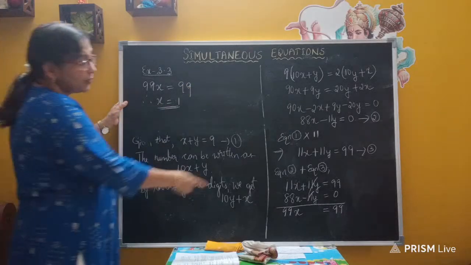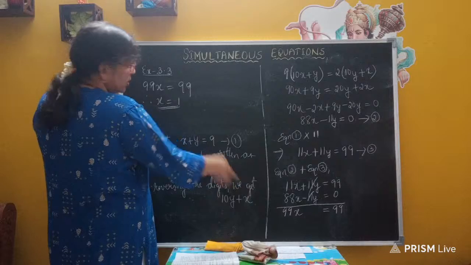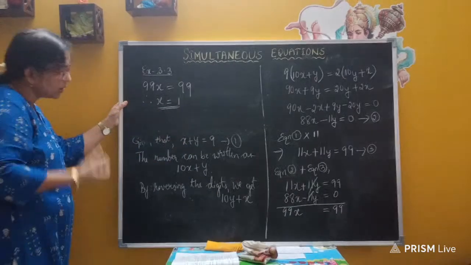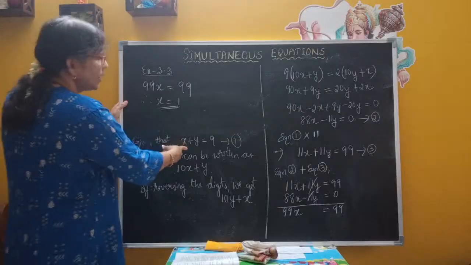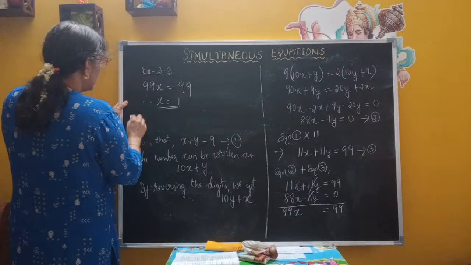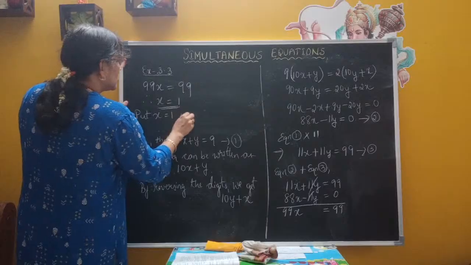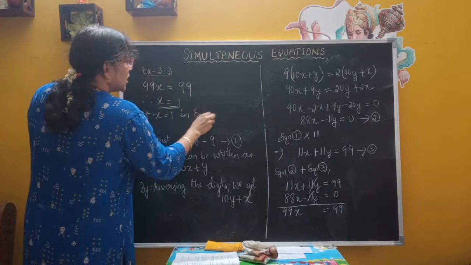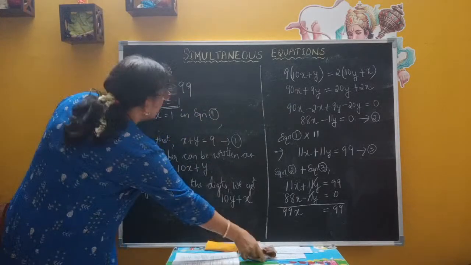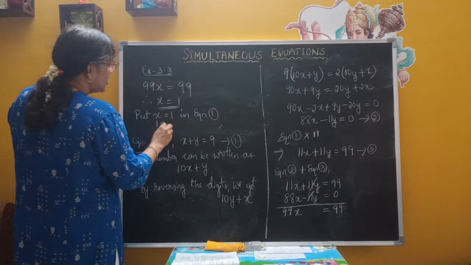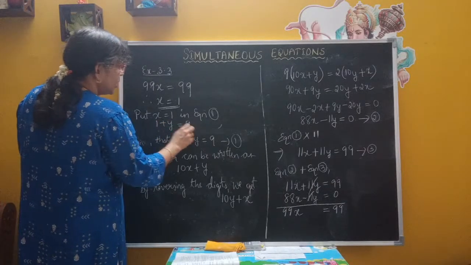Then what is the value of y? Substitute this x is equal to 1 value in which equation? It is better to take equation 1, it is easy. Putting x is equal to 1 in equation 1, we get x plus y is equal to 9, so 1 plus y is equal to 9.